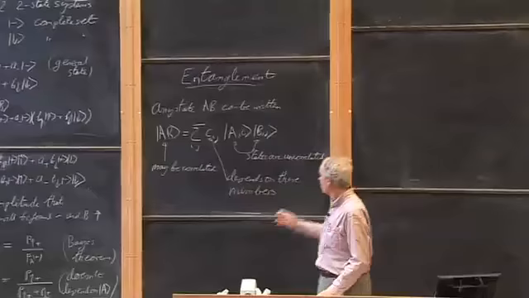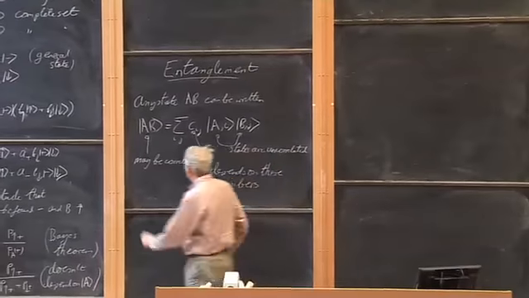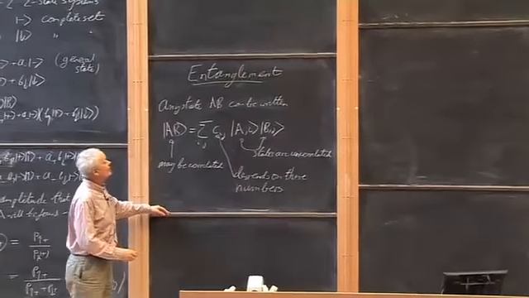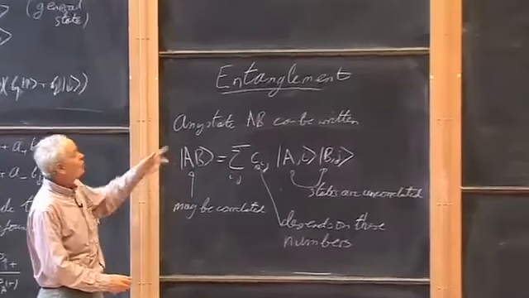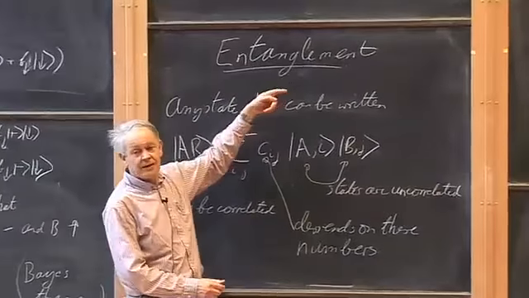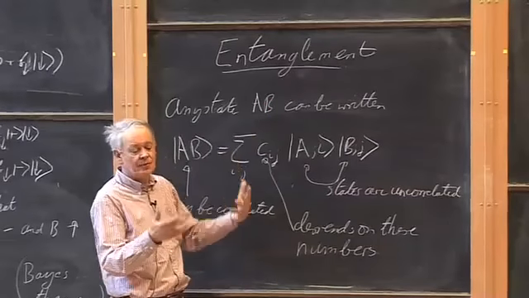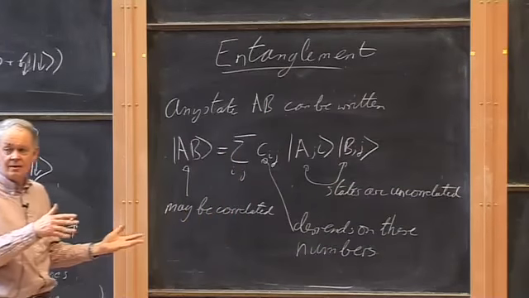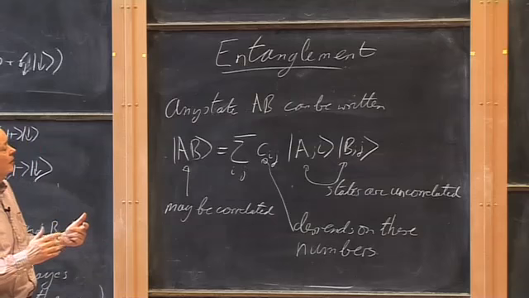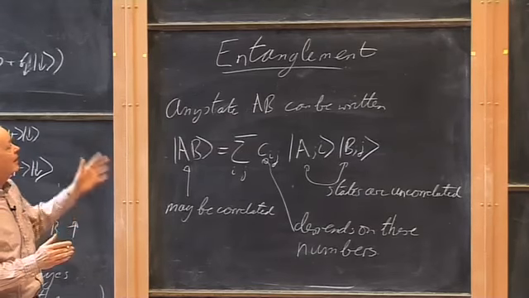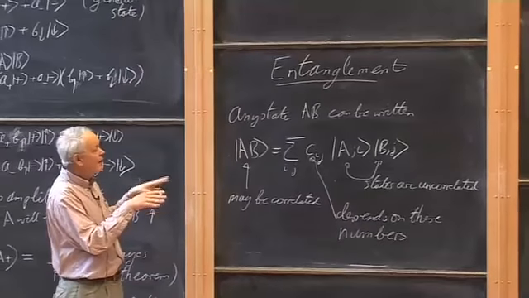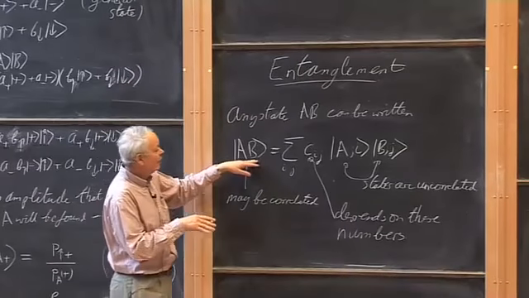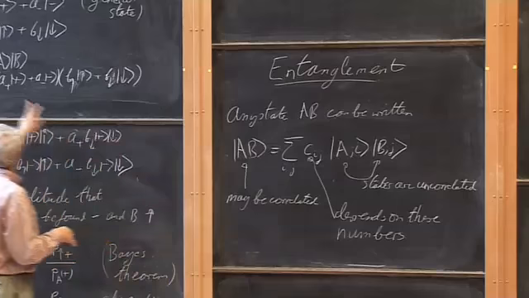So correlations go in like that. And in quantum mechanics, when you say that two systems are correlated, you usually use the word entangled. Entangled is just quantum mechanical jargon for correlated. What it means is, if a compound system of two subsystems is entangled, the state of the compound system cannot be written in that form.